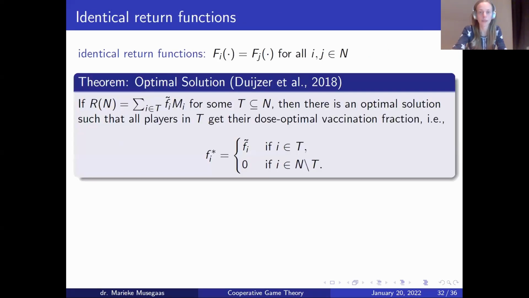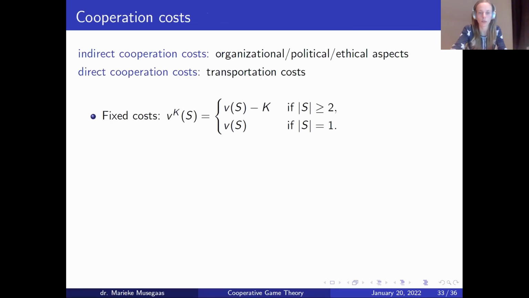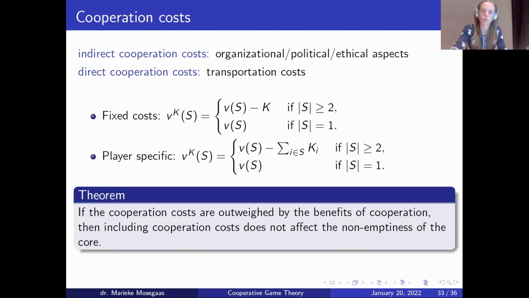Okay, then I have another situation over here, but given the time, I will skip that one. What I try to make clear in this slide: quite often we get the question, okay, nice, but actually cooperation also costs money.